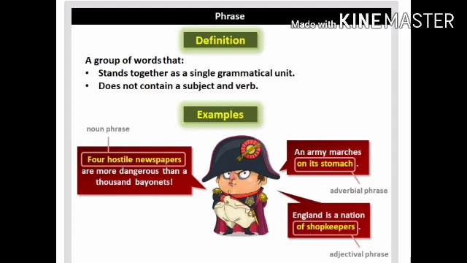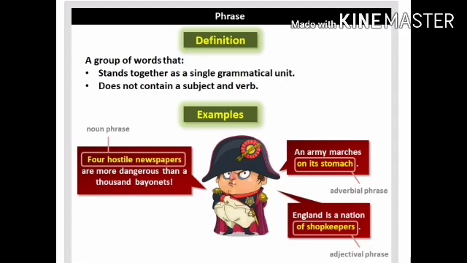You can see the examples on the left-hand side of the image, inside a box written in yellow: four hostile newspapers. Do you find anything like a subject-verb combination? No. An army marches. So these are some of the examples.